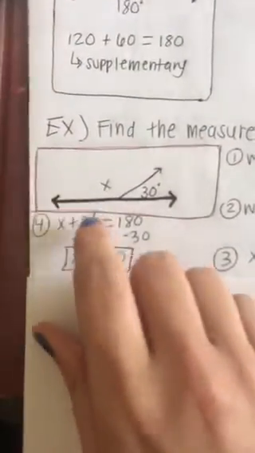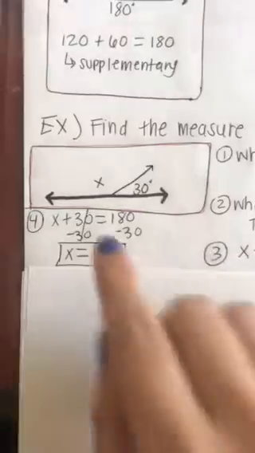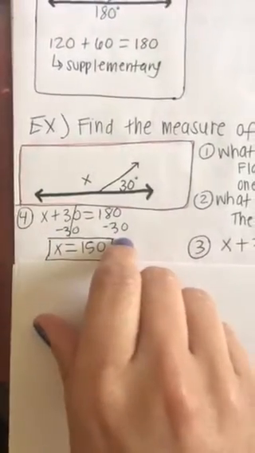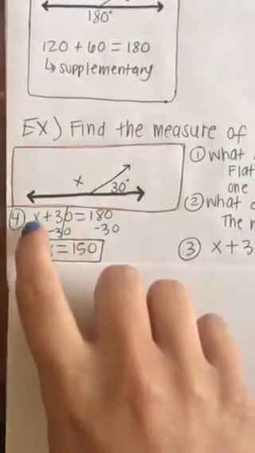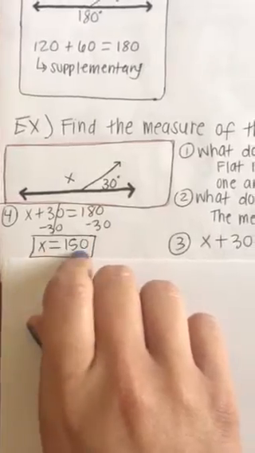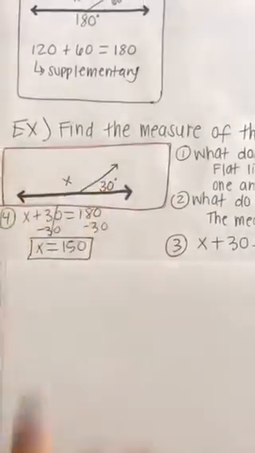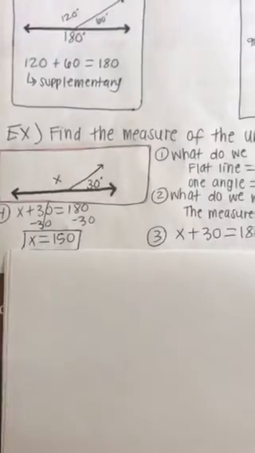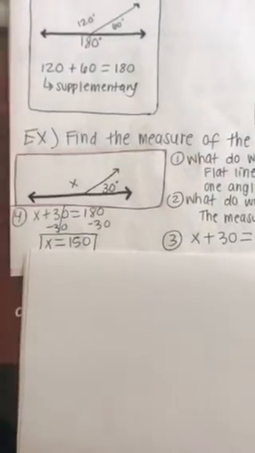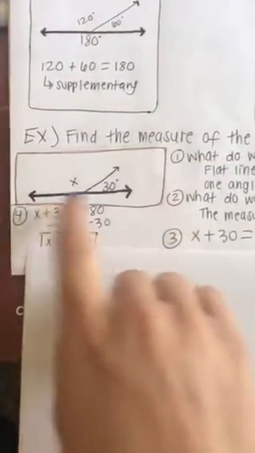So I'm going to do the opposite operation and subtract 30 on each side to get the x by itself. So now it's x equals 150. So I will plug 150 in to check my work, and it will work. 150 plus 30 is 180.